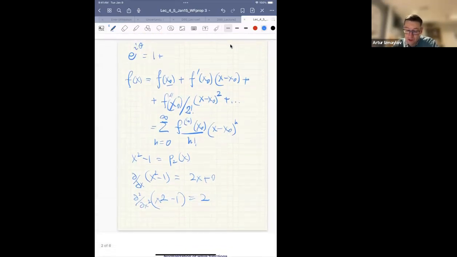Okay, so using this Taylor series, you can write down the exponential function in terms of a polynomial, and the function could be expanded at x0 equals 0.